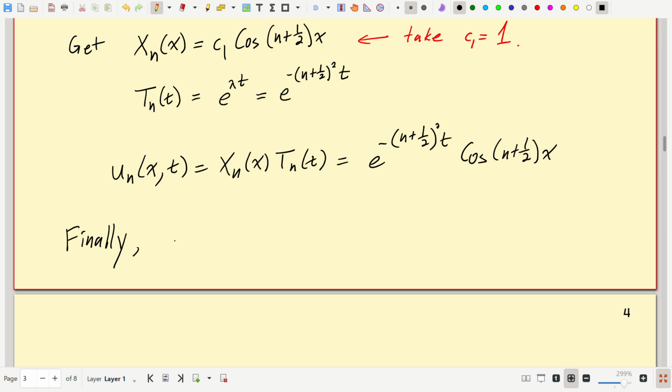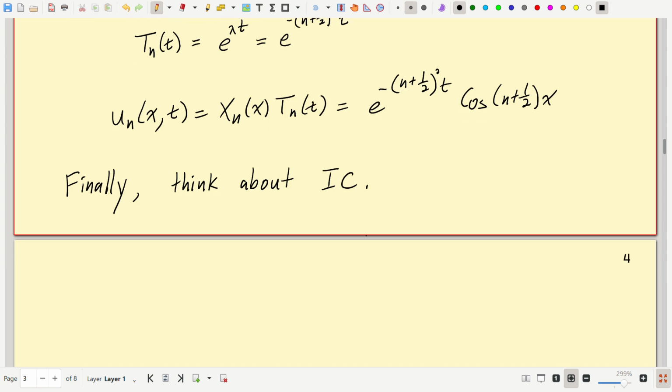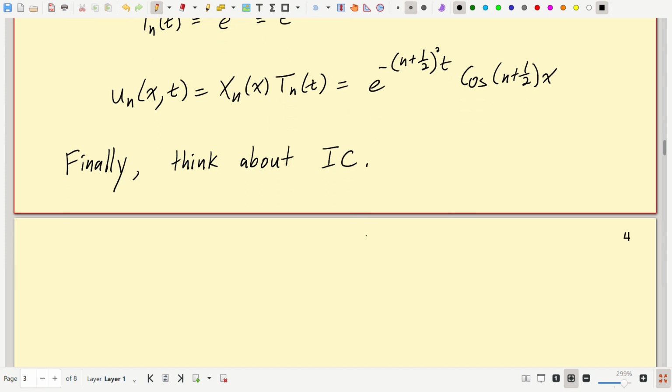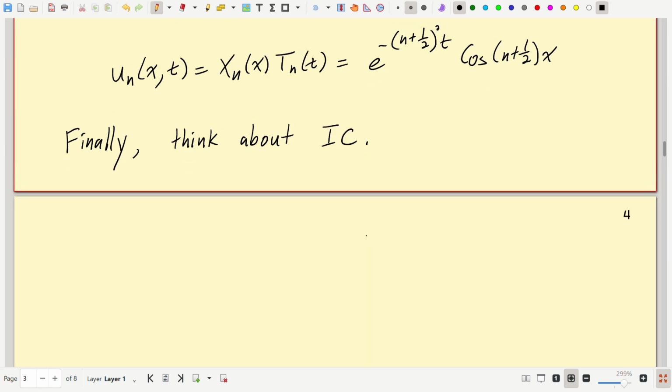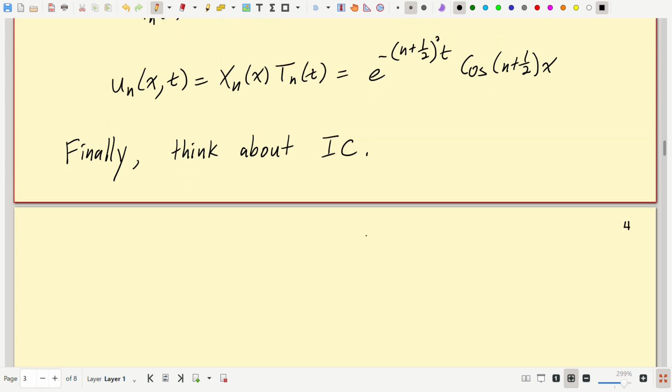Finally, think about the boundary and initial conditions. Certainly those solutions satisfy a very specific initial condition. If I wanted a generic initial condition, you'd think I might need linear combinations. And of course, finitely many wouldn't be enough. So the big idea is the Fourier series idea.